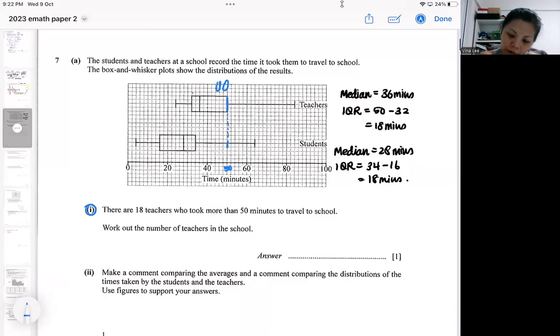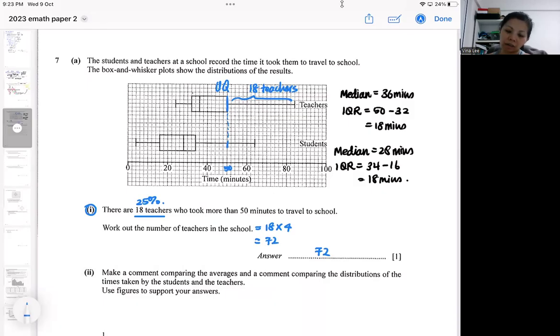There are 18 teachers who took more than that, so right here there are 18 teachers. Remember we mentioned that this represents 25% of the teachers. So the total number of teachers will be 18 times 4, which is 72 teachers. You need to understand that a box and whisker divides into 25% data in each section, then you can answer this part of the question.